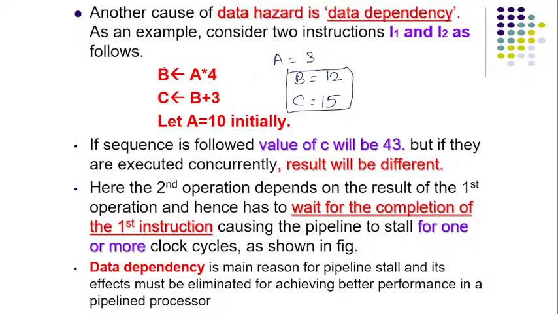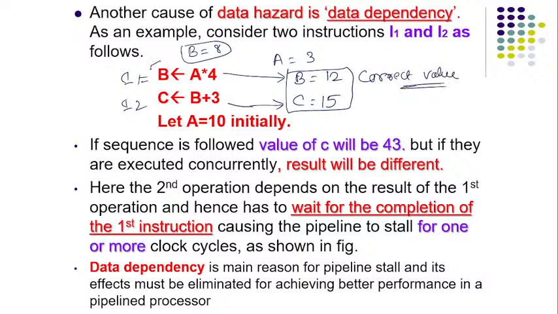But here what happens, initially suppose b का value 8 है. Once this instruction is executing, तो b का value कितना change हो जाता है, 12, because a is equal to 3 है. Okay, and next instruction is c value is 15. तो यहाँ data dependency है. Data dependency means if you want the correct result, the correct value of B and C, then ये पहला instruction complete होना चाहिए.